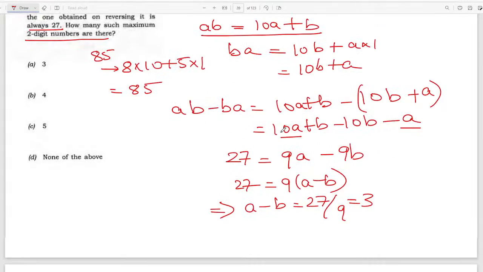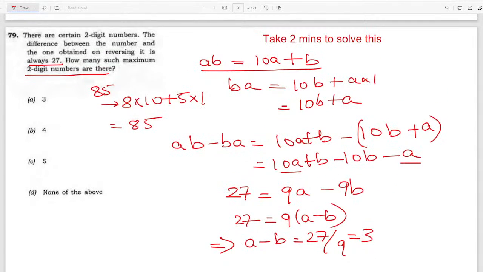We have to find out the digits where A minus B is 3. Since I have taken AB minus BA, here A is bigger than B. So I'll take B itself first.